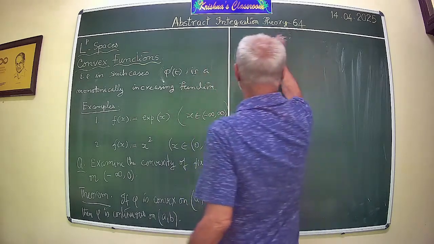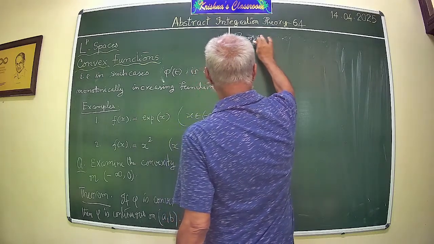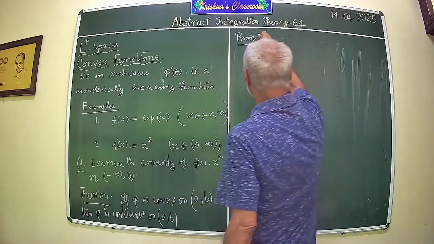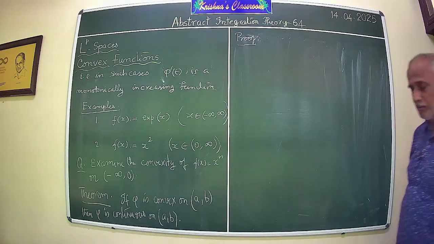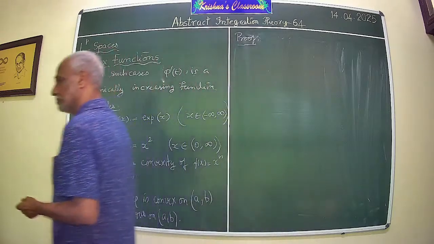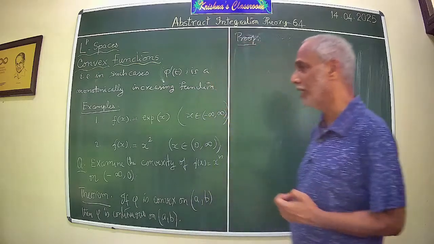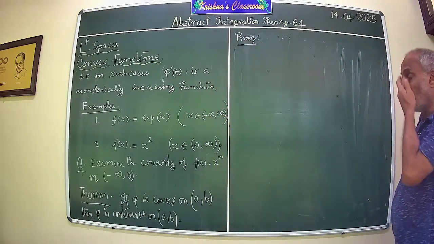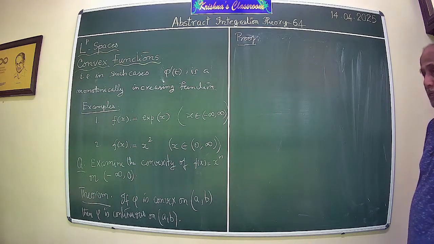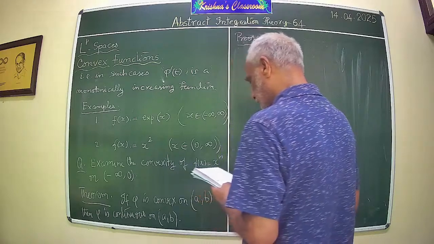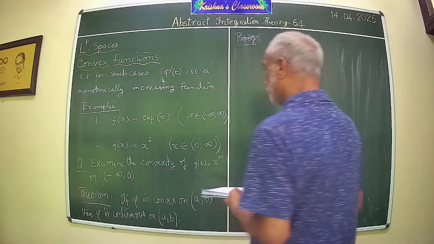Now we give a geometric proof. It may not appeal to some people as a rigorous proof, but you can recast the whole thing using epsilon and delta arguments to show that if phi is convex on AB, then it is continuous on AB. Okay. So we make use of the geometry.